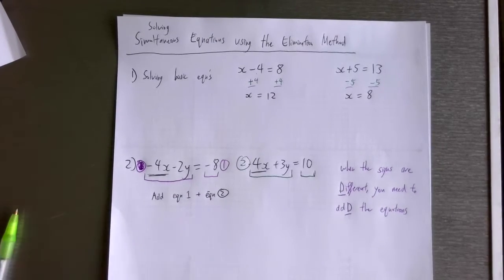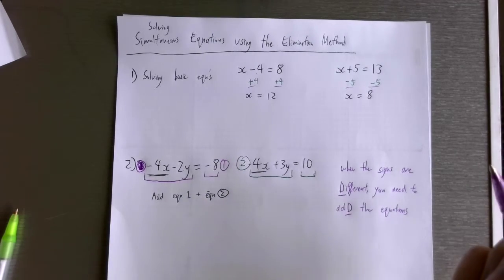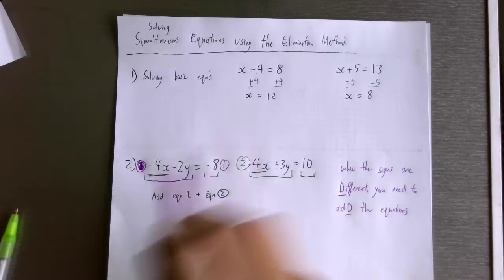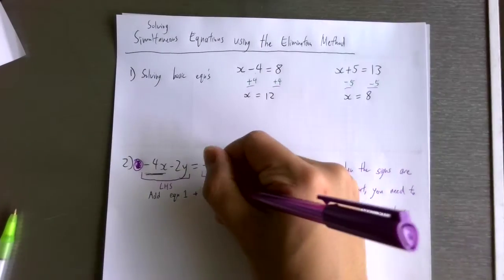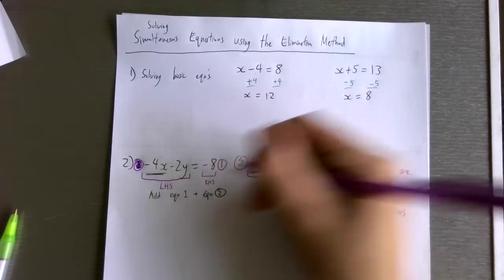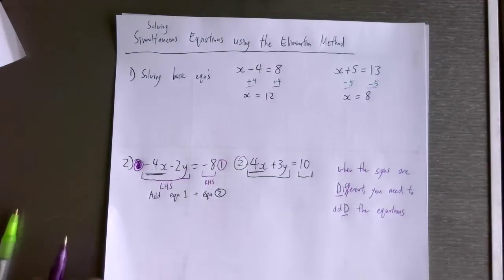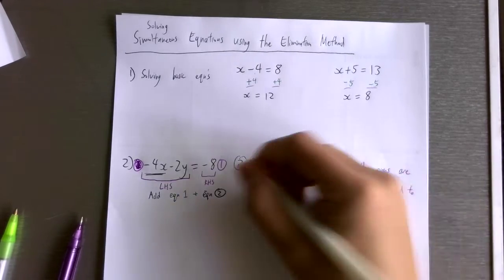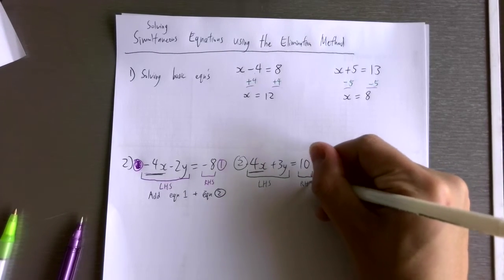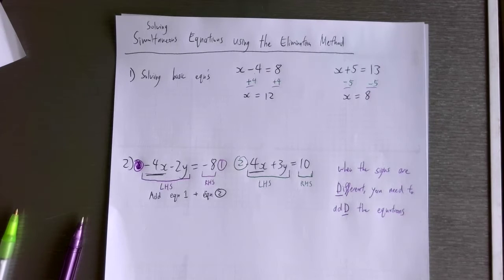Now, when we are adding equation 1 to equation 2, we're not just going to be cramming everything together, because we have a left-hand side on equation 1 and also a right-hand side of our equals sign. On the flip side, we also have a left-hand side of equation 2 compared to a right-hand side of equation 2.